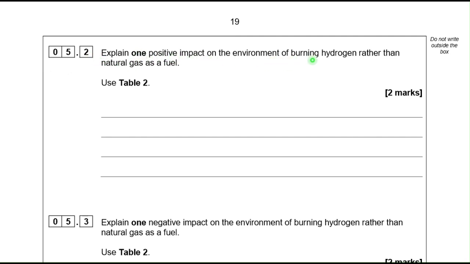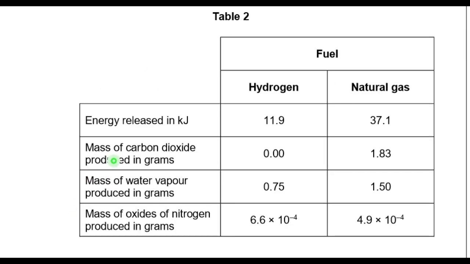Over the page, question 5.2. Explain 1 positive impact on the environment of burning hydrogen rather than natural gas as a fuel. Use table 2 for 2 marks. So let's go up and have a look at table 2. What have we got here? We've got the mass of CO2, and underneath the hydrogen column there is 0 grams of CO2. Under the natural gas, 1.8.